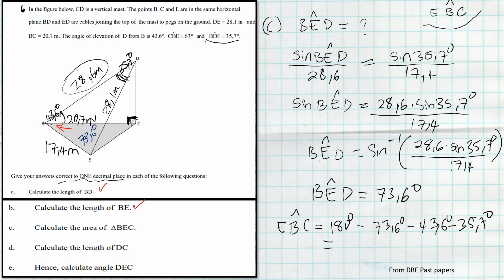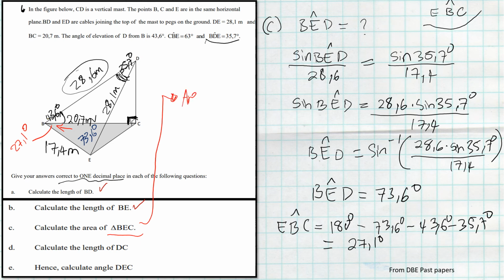So there I'm just doing it very fast to go straight to the answer. Okay, my final answer will be 27.1 degrees. Can you see? Now I have my angle there in red. Is what? Is 27.1 degrees. I can now go and use the area rule to get the area of what? Of triangle BEC. Okay, so how am I gonna do this? Let me just write it here.